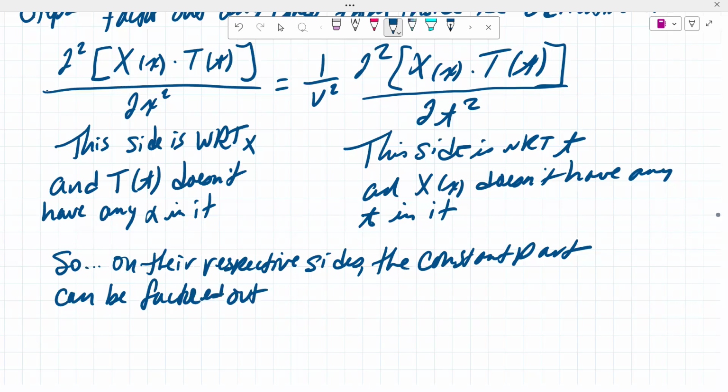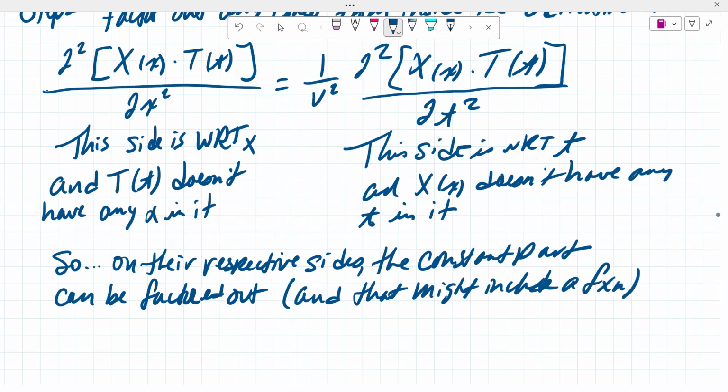And that might include a function. Actually, it will.